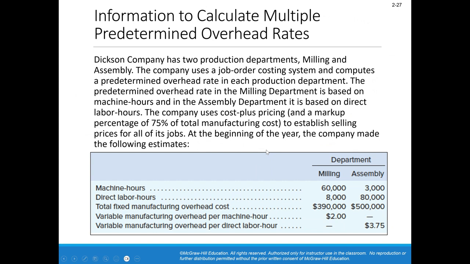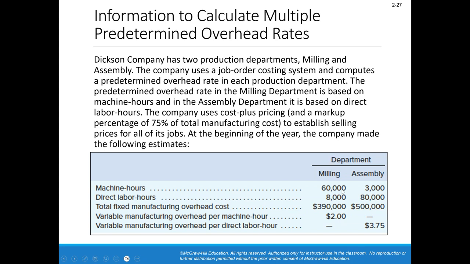And before we used one rate, now we're going to break it down into the milling and the assembly, and we're going to determine what our overhead rate is for each of these. It also says the company uses cost plus pricing and a markup percentage of 75% of the total manufacturing costs.